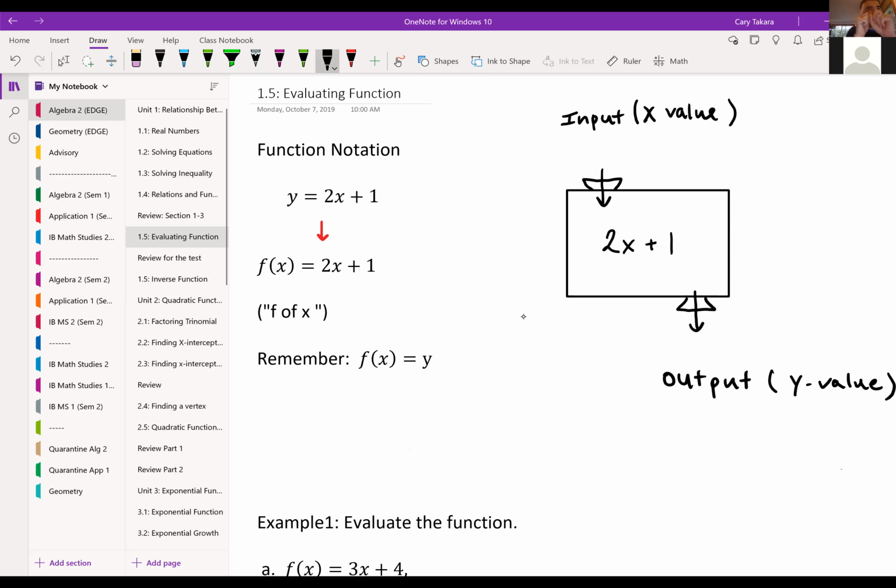And you would write a function as y equals, for example, 2x plus 1. That's a linear function, and y equals mx plus b. You guys remember that? And instead of using y, you can use the function notation, which is f of x right here.